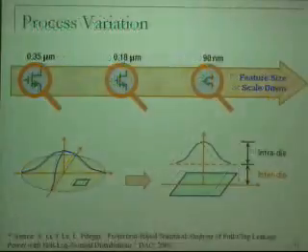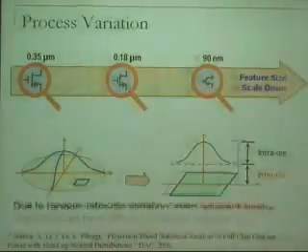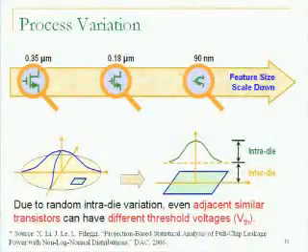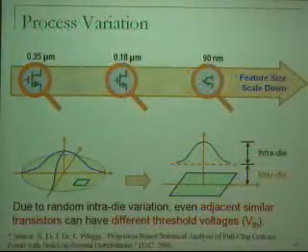So this is called intra-die variation. Both of these variations have become very important, especially from 90 nanometer forward. You see lots of intra-die variation. And the final result is that even adjacent transistors with the same design size have different parameter values.